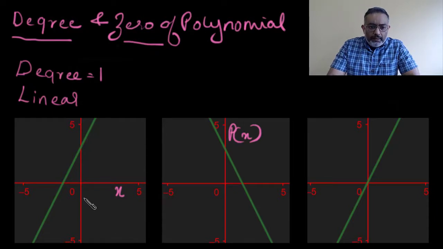As you can see, the value of p of x reduces and it becomes 0 at this point, at this point, and at this point. Whichever way we draw this, in this direction or in this direction, we're going to get only one single zero possible here.